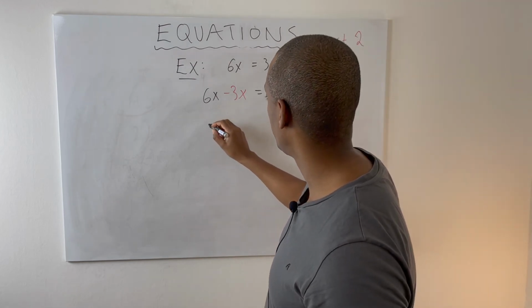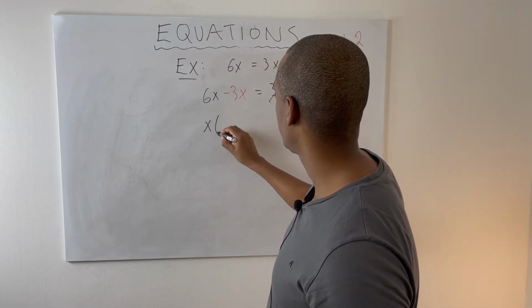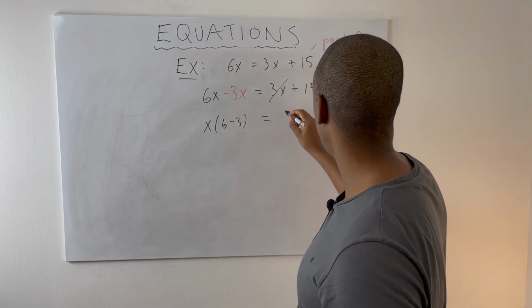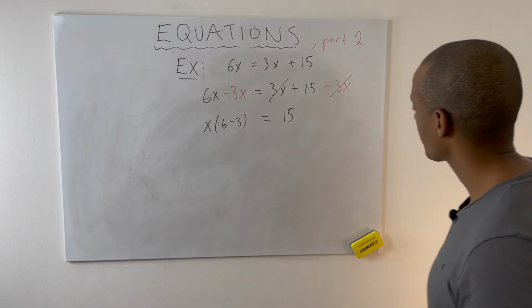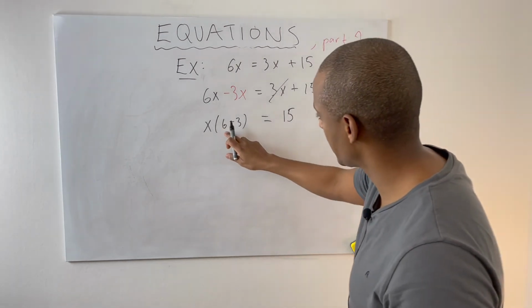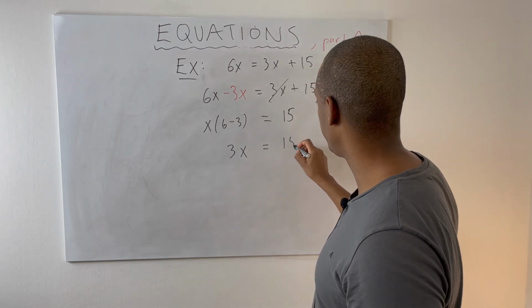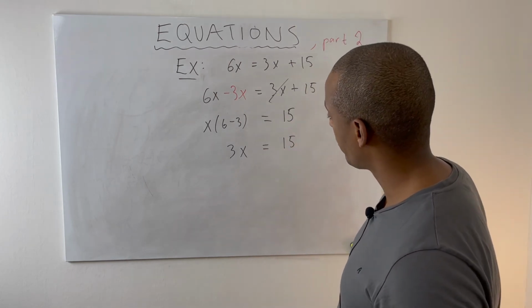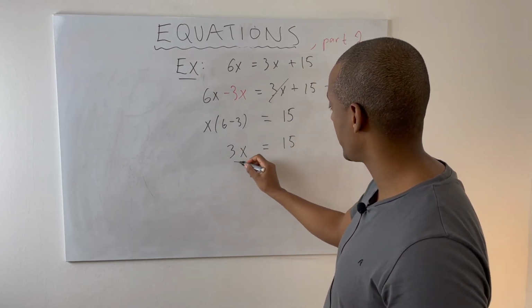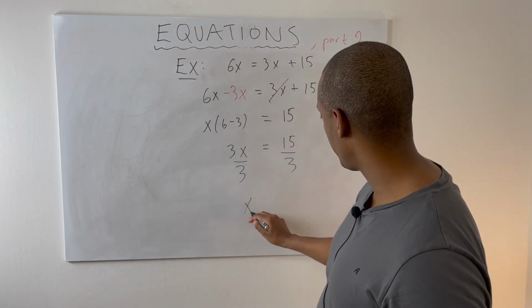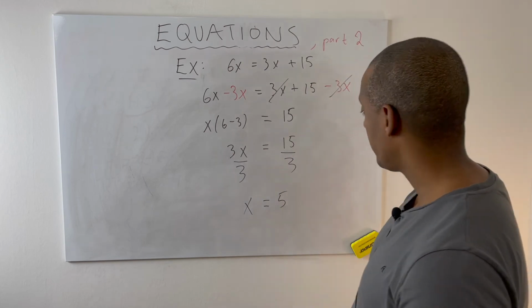That's equal to 6 minus 3, right, times x. And here we have 15. That's equal to 3. So we have 3x is equal to 15. Now finally, we want to get rid of the 3. We divide by 3. We divide by 3. And then we have x is equal to 5.